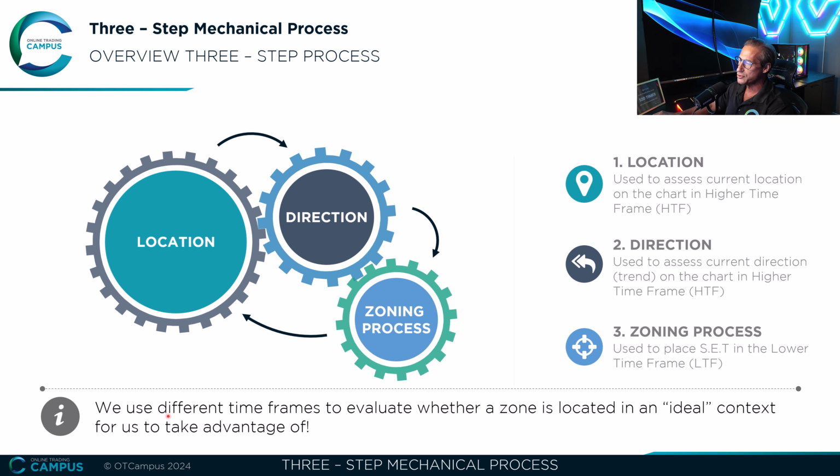So we use different time frames to evaluate whether a zone is located in an ideal context for us to take advantage of it. In other words, we use location to determine whether price is cheap, or whether price is expensive, or whether price is in what we call equilibrium.